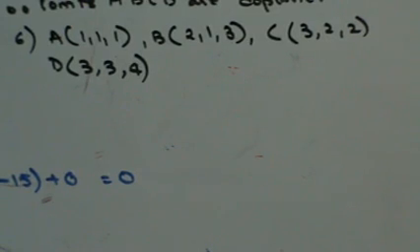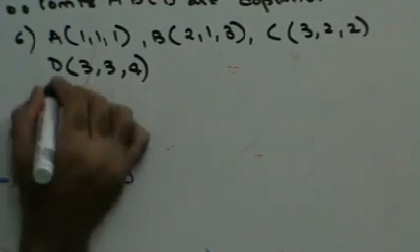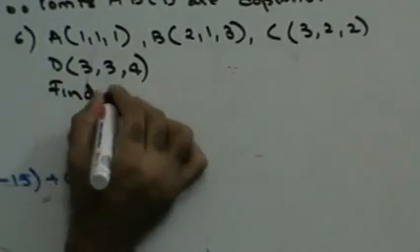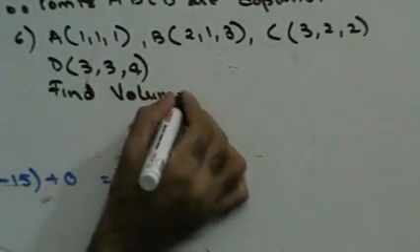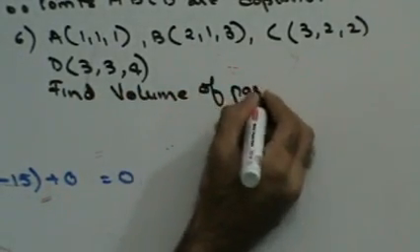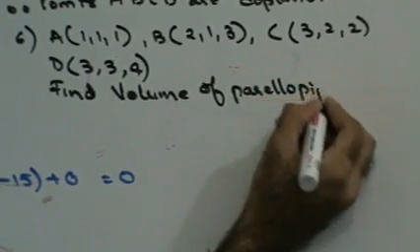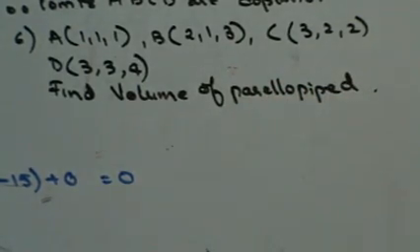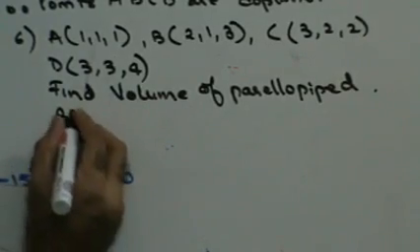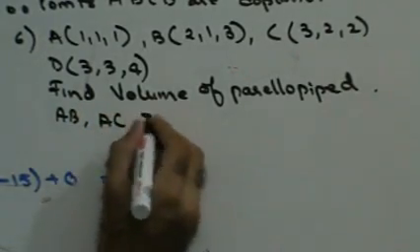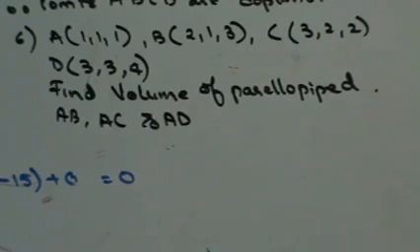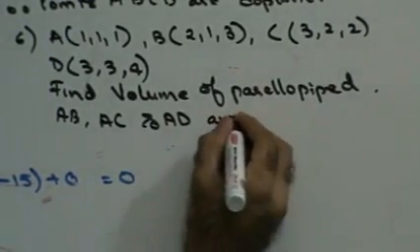Right? Find the volume of the parallelepiped with AB vector, AC vector and AD vector as concurrent edges.